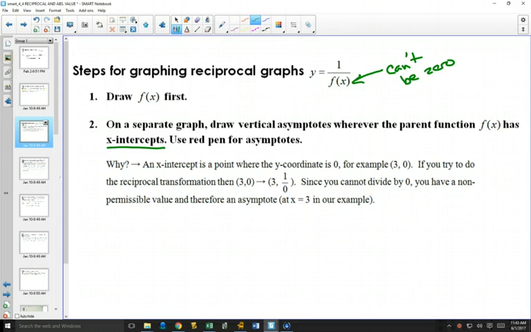And what do we do with non-permissible values? Non-permissible values are either vertical asymptotes or holes if things canceled out, right? But since you just have a 1 on top, nothing's going to cancel out. And so you're always going to get vertical asymptotes wherever you have x-intercepts. That's the first thing you're going to look for.